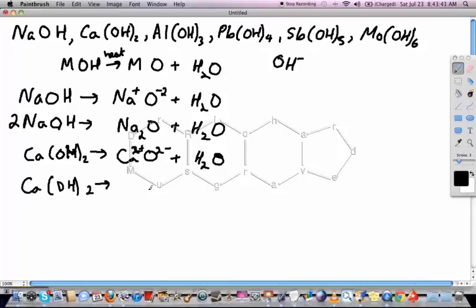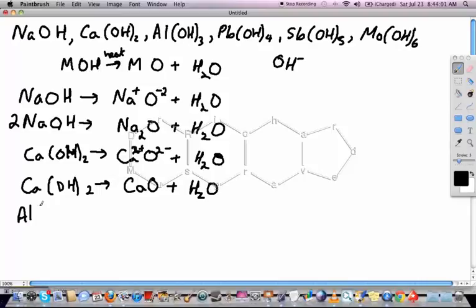CaOH2 gives CaO, so these balance out, the 2 plus and the 2 minus, plus H2O. And again, we try and balance it. We've got the Ca, we've got the Ca, we've got 2 oxygens, we've got 2 oxygens, we've got 2 hydrogens and 2 hydrogens, so that's balanced.